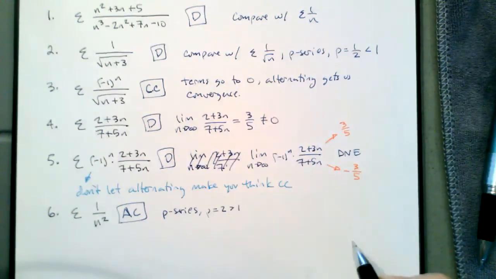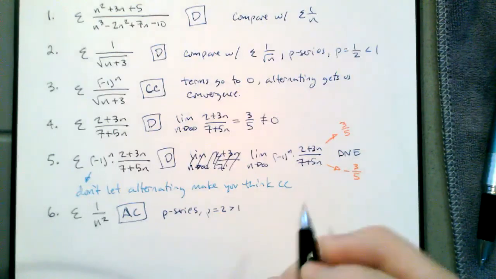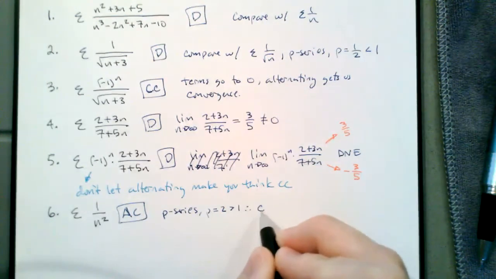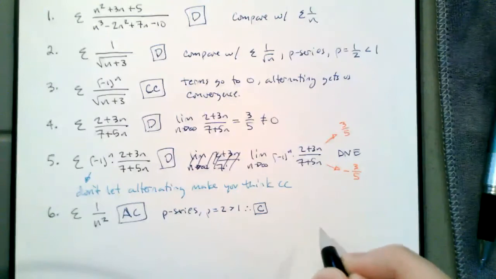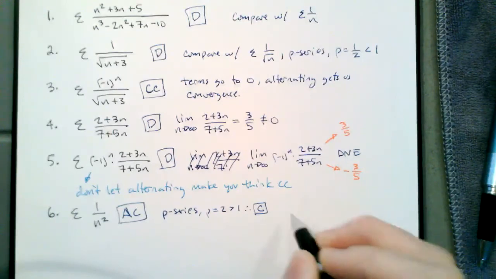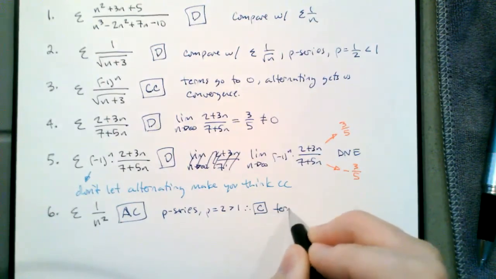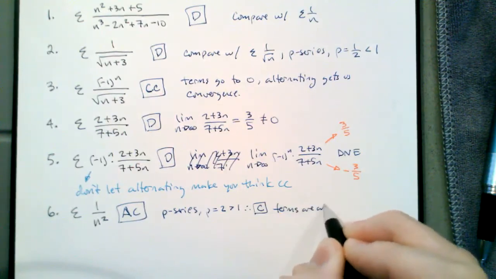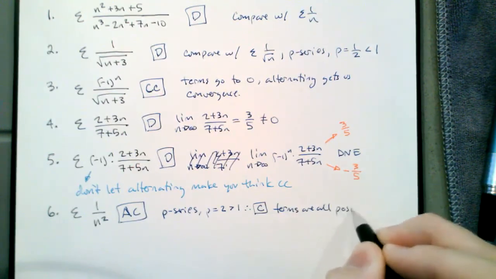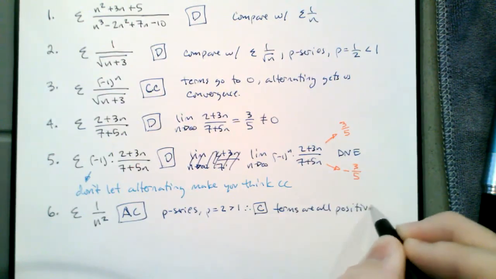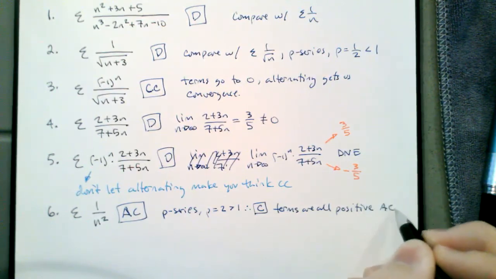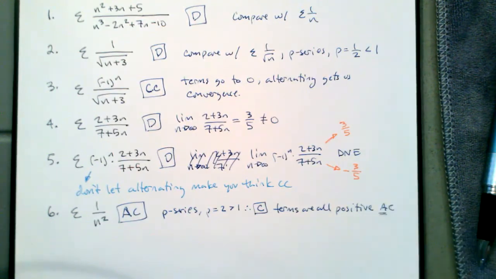And 2 is strictly greater than 1, therefore we get convergence. All the terms are positive. That gives us the absolutely convergent.